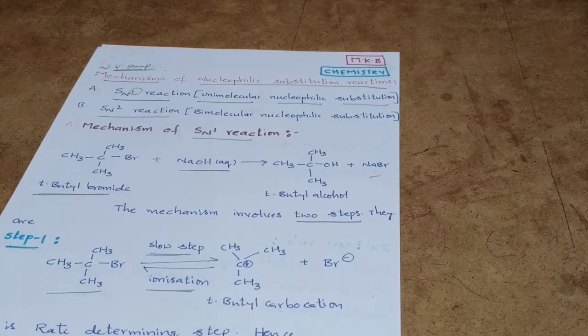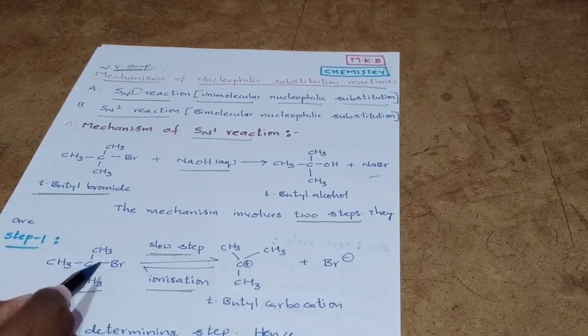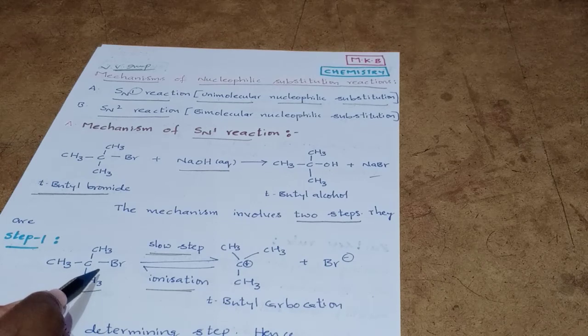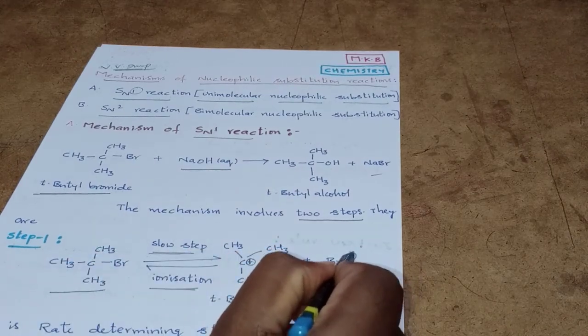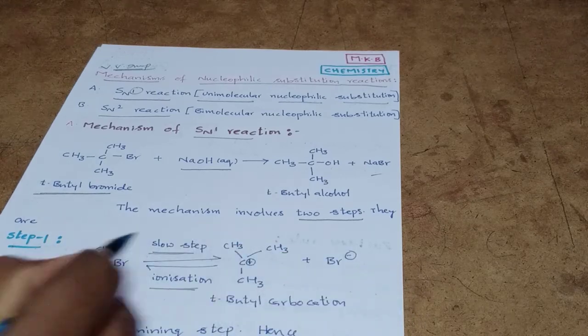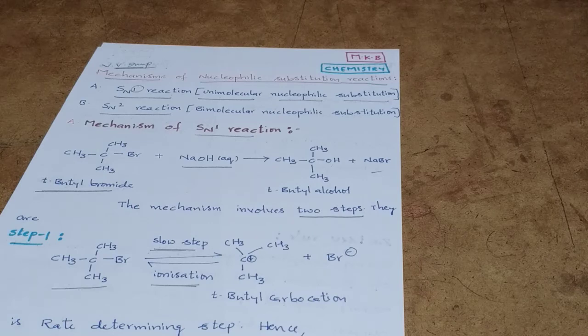That ionization takes place very slowly. The halogen is ionized as an anion and this carbon is ionized as a cation. A carbocation will be formed. This is the carbocation, an intermediate.